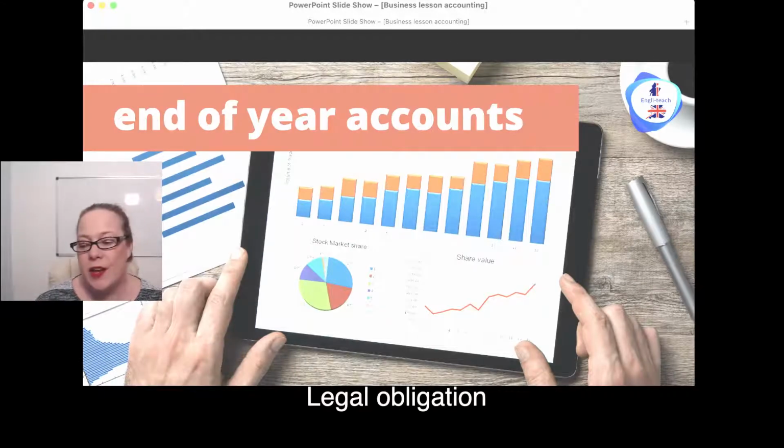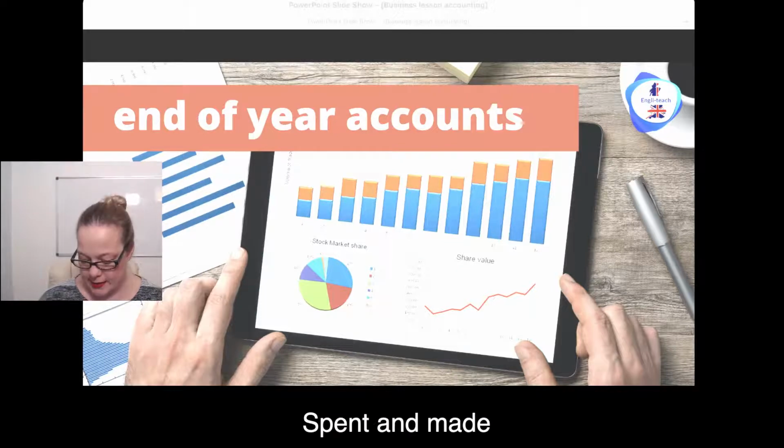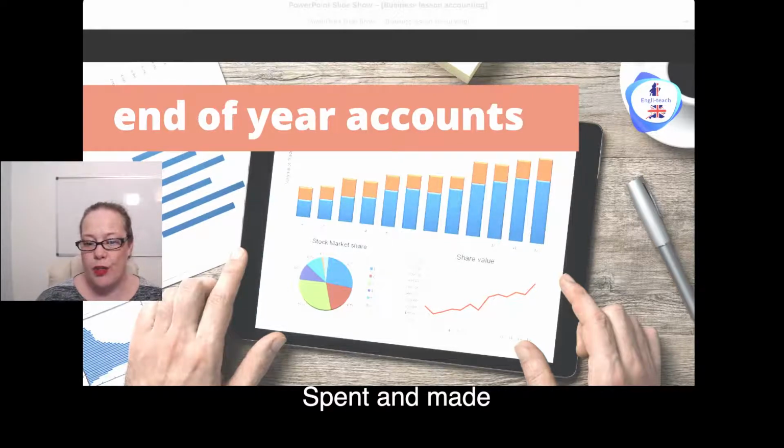So the end of year accounts give a projection of what your business has actually spent and made. And we break this down quite simply into the loss, I should say, and the profit.